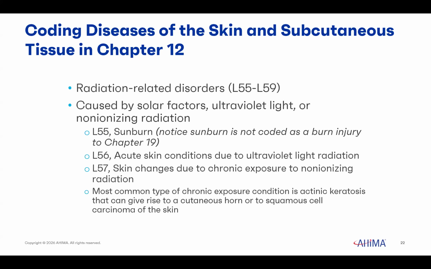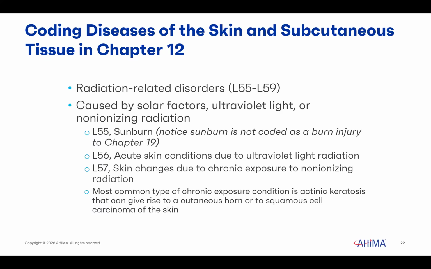If you've ever known somebody who's had external beam radiation therapy, this is very common. Radiation-related disorders fall into code categories L55 through L59. We can also get these things from sunburn. It's not classified as a burn, but as a Chapter 19 adverse effect.